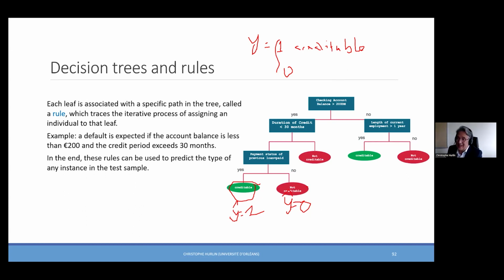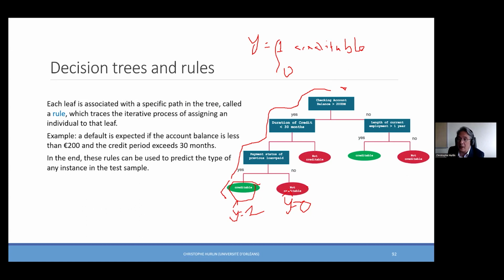The path that allows a given individual to go from the root to this leaf is this path, okay? And this path defines what we call a decision rule. What does it mean?